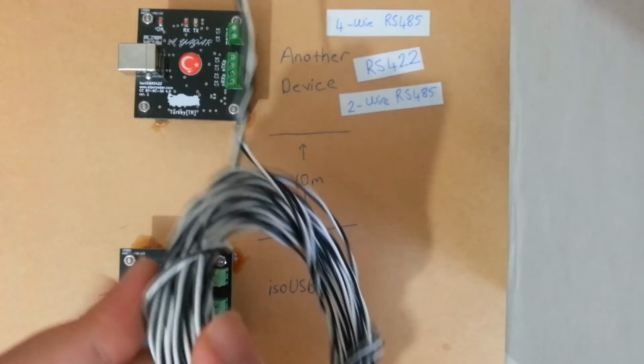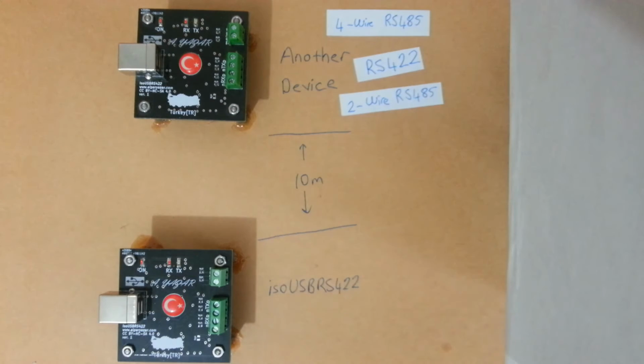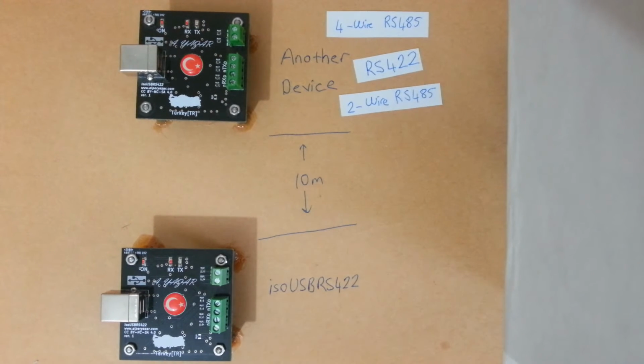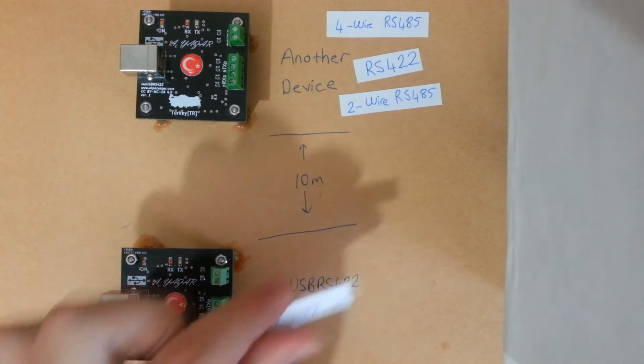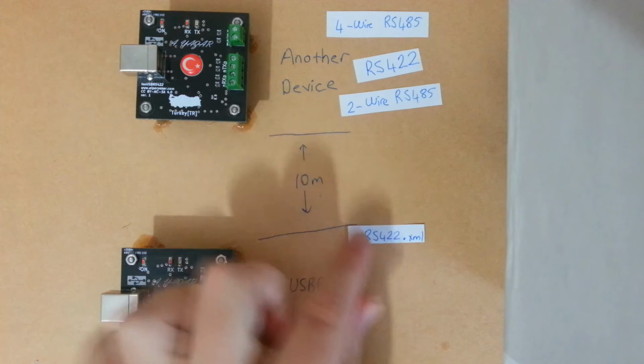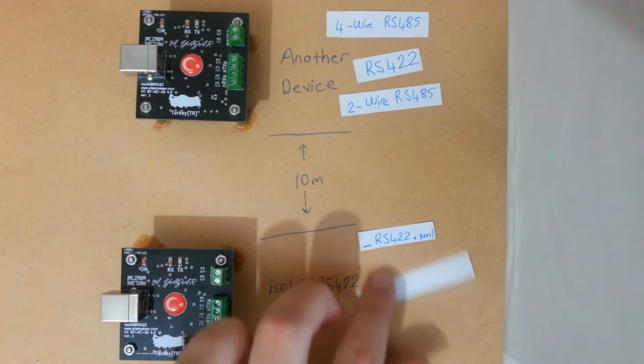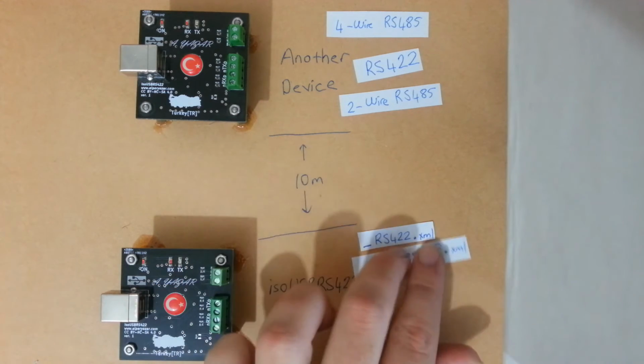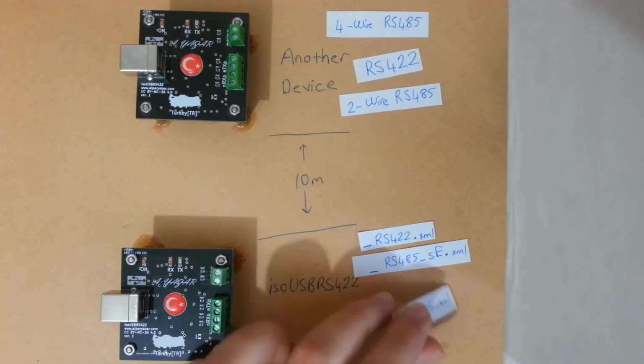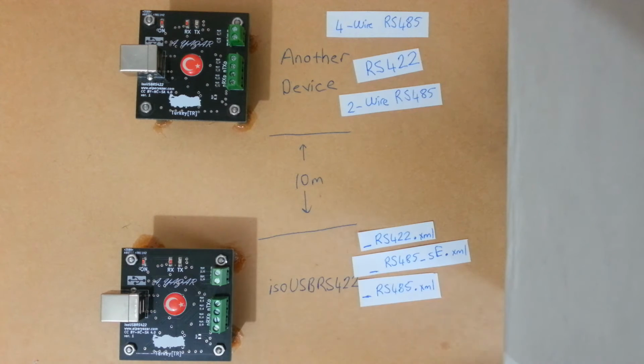Length of the cable is 10 meters, and we will use three different configuration files given in the firmware folder. This file, this file, or this file.